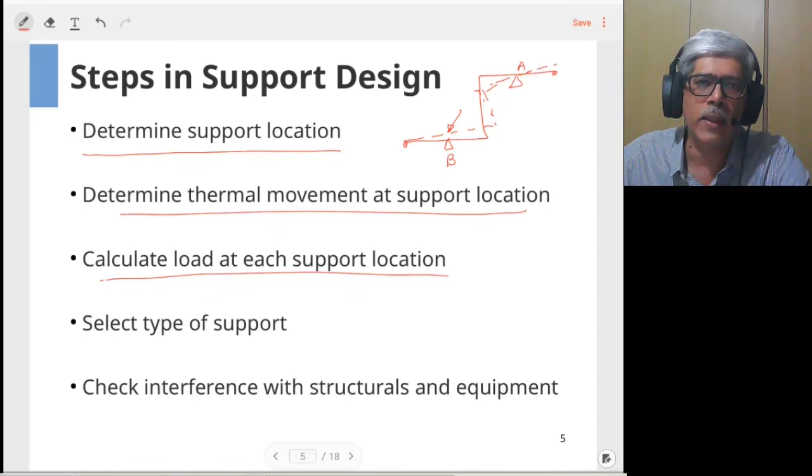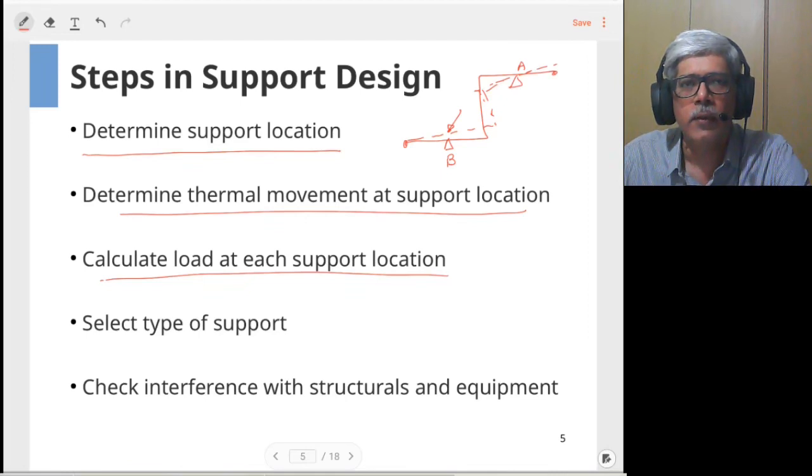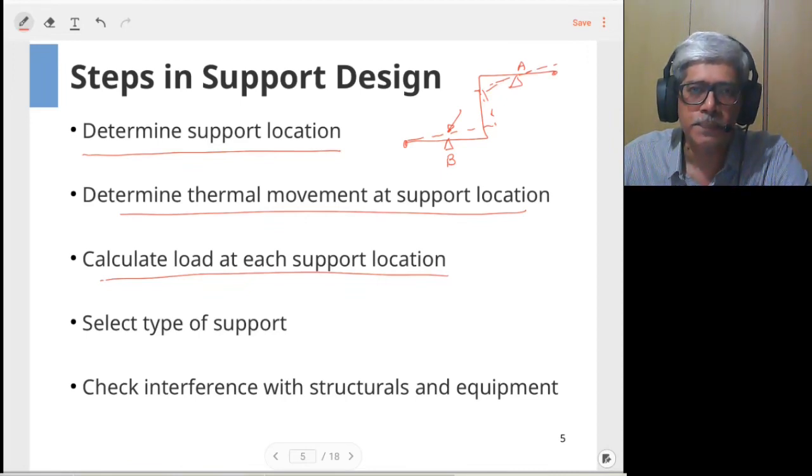In that case, you require dedicated software which will give you reactions for your given piping system. There the piping itself acts as a three dimensional structure, and you are analyzing that structure and finding out what are the reactions at each location. So there are specialized software which are used to determine these support reactions.